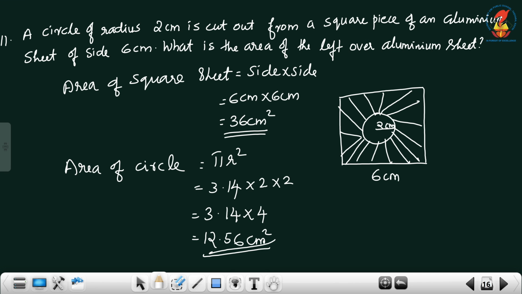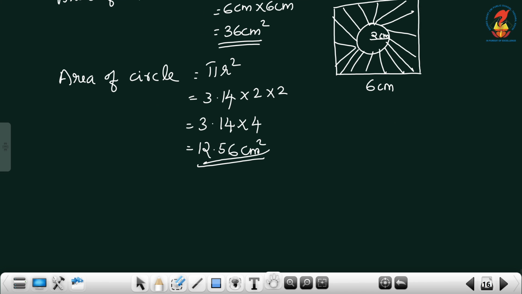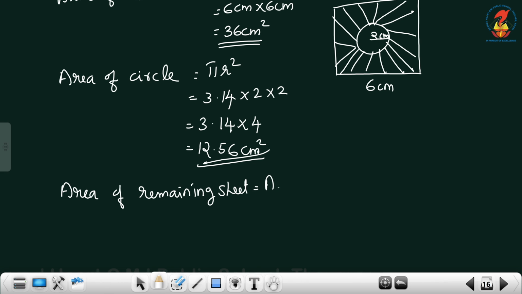What is the area of the leftover aluminum sheet? Area of remaining sheet equal to area of square minus area of circle.